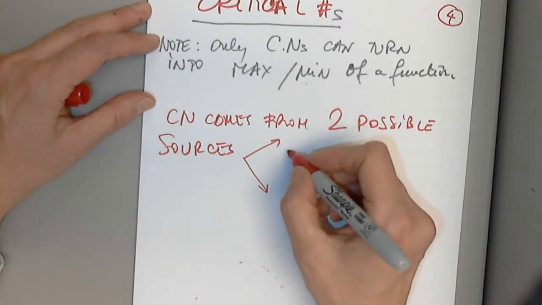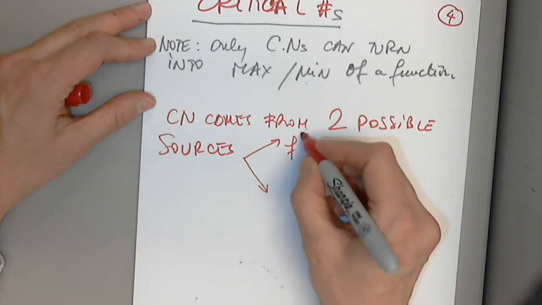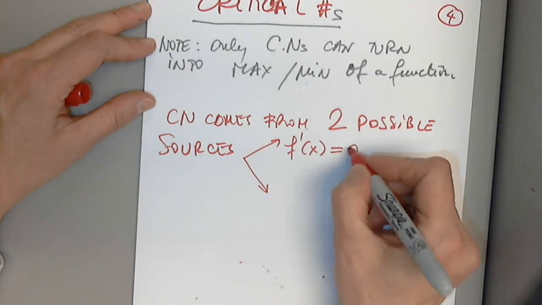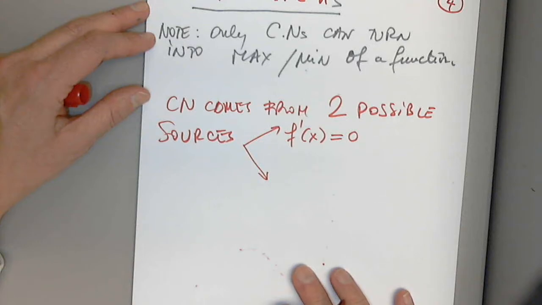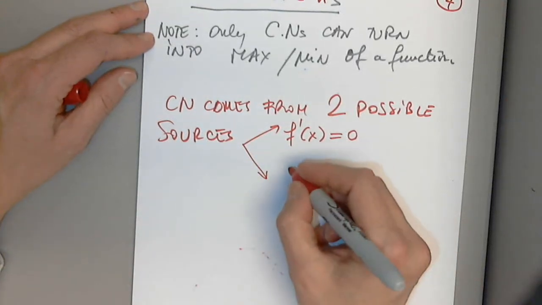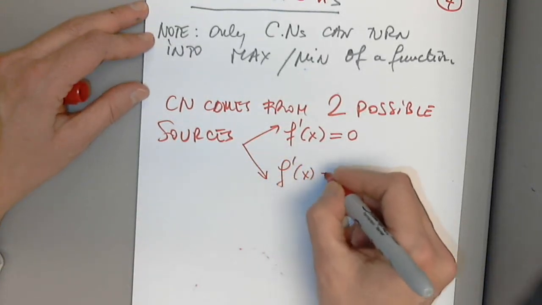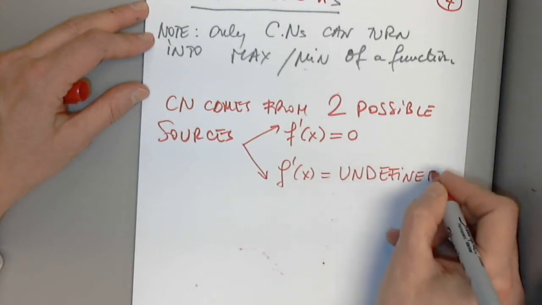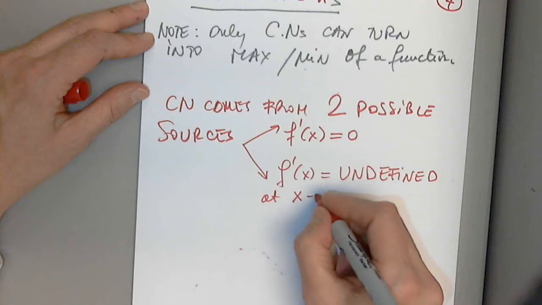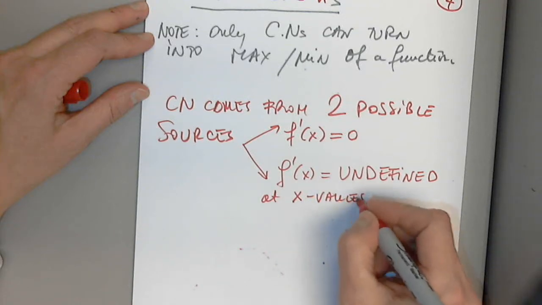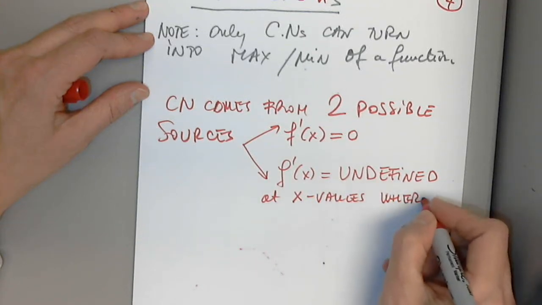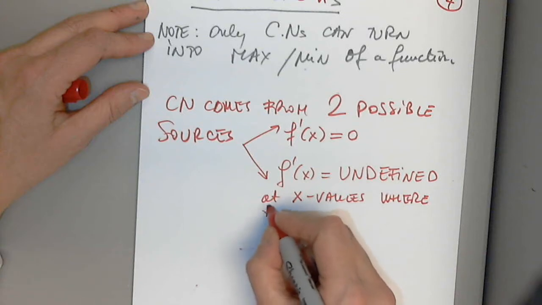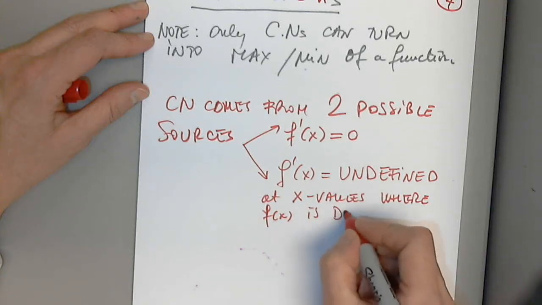Number one possibility is f prime of x is 0. The second possibility is f prime of x is undefined at x values where f of x is defined.